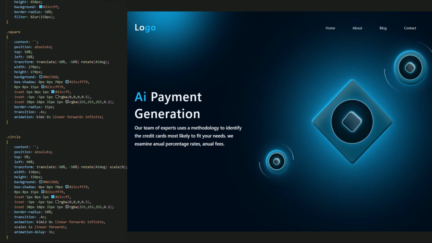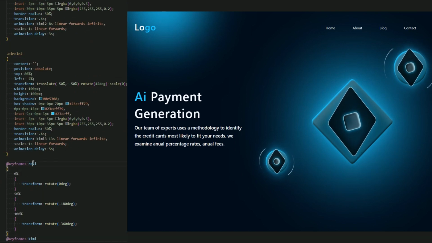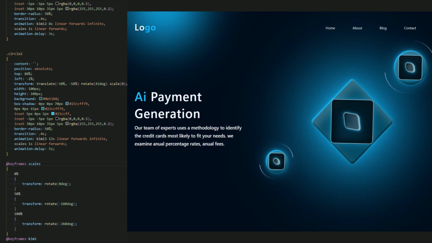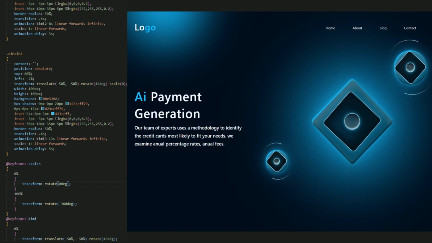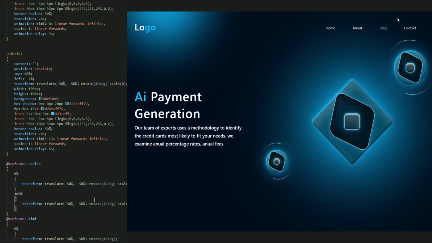Let me just copy and paste it here, and for scale, let me just change a name, and let me just copy this and paste it for the 0%, and for the 100% let it be 1.0.